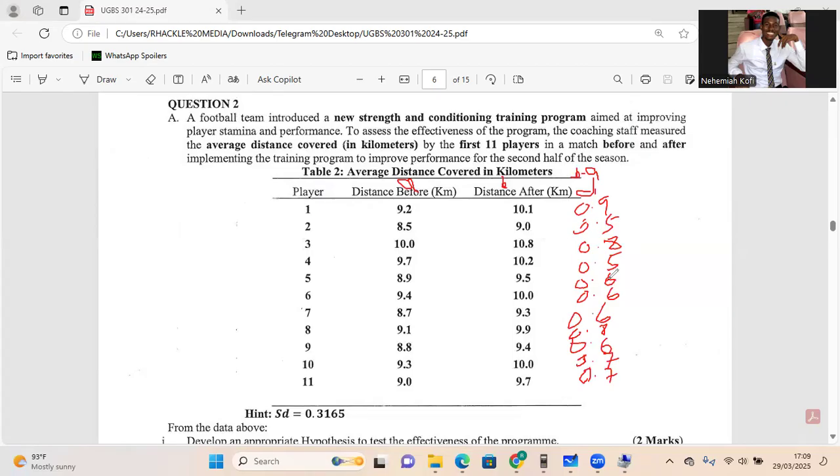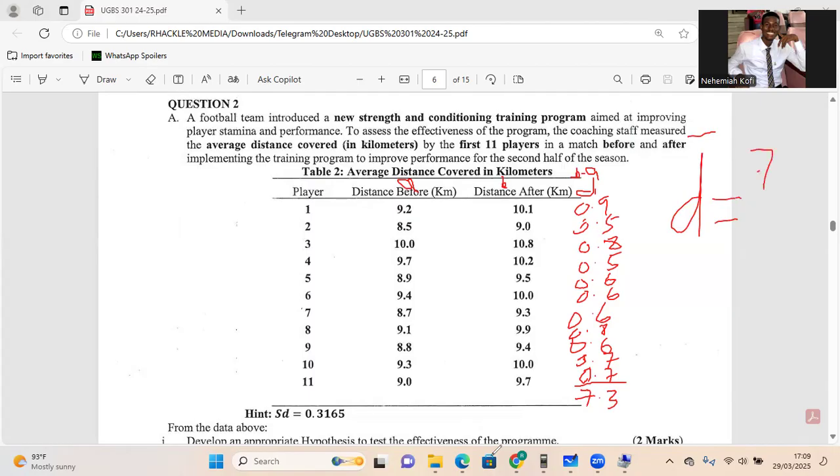Right. Now, with this, we have to sum all of them. So add all of them, and then we are going to get 7.3. Now, we have to also find D bar. D bar is going to give us this sum divided by 11 because there are 11 sample sizes here.